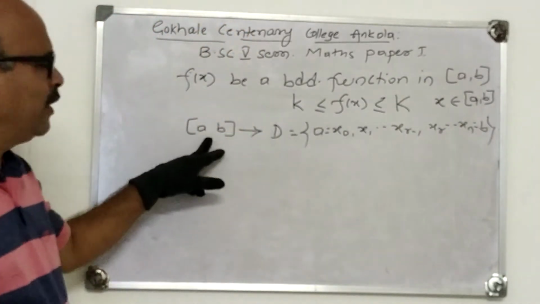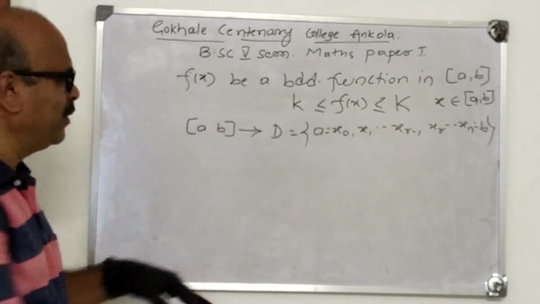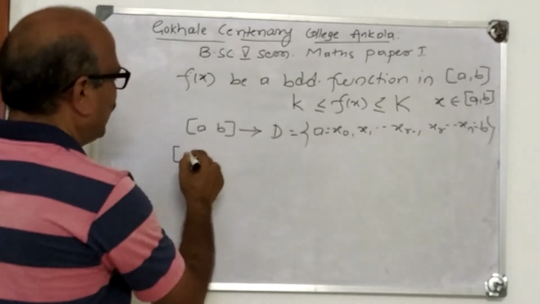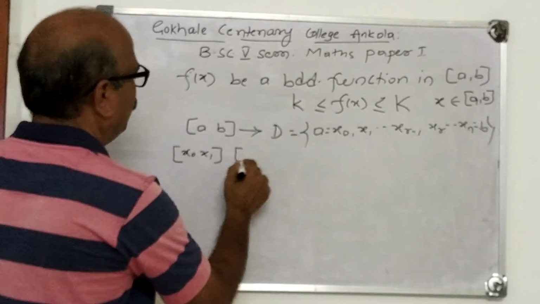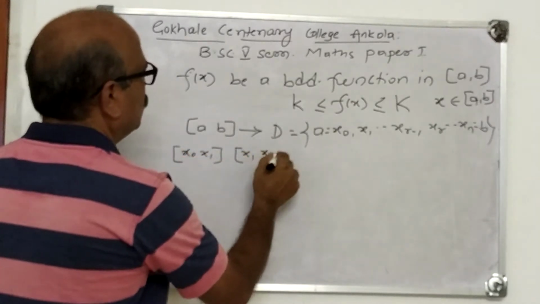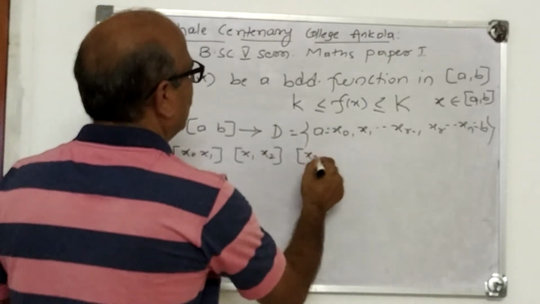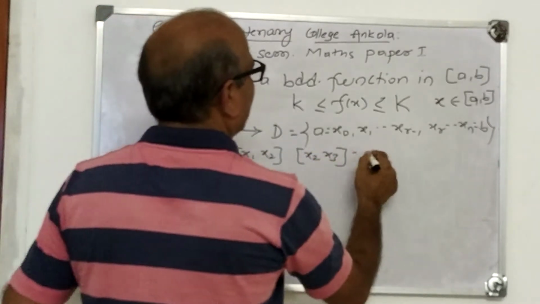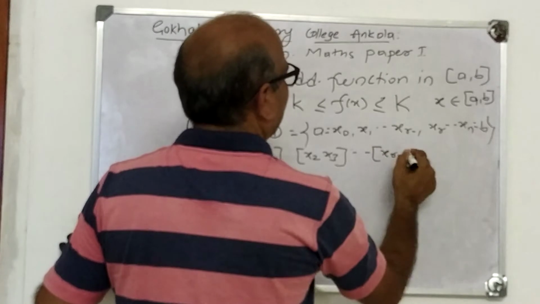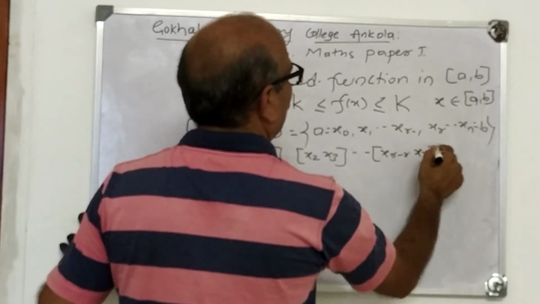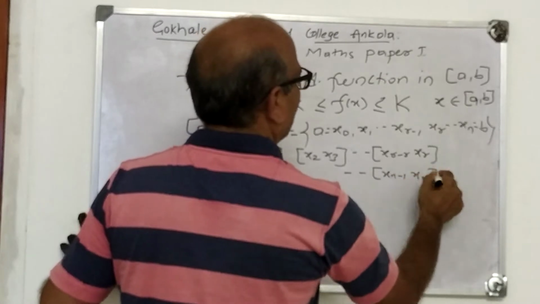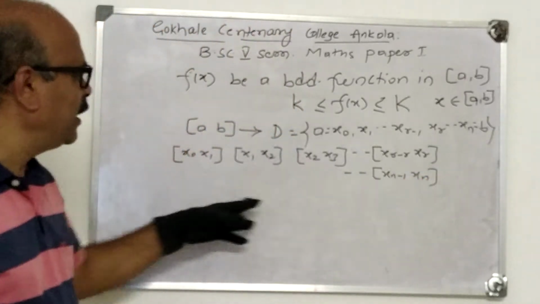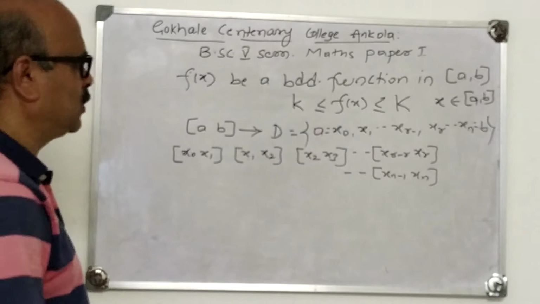Suppose D is any division of [a, b]. That means this [a, b] is divided into the subintervals [x0, x1], [x1, x2], [x2, x3], and so on, [x(r-1), xr], and so on, [x(n-1), xn]. So [a, b] is divided into n number of subintervals.